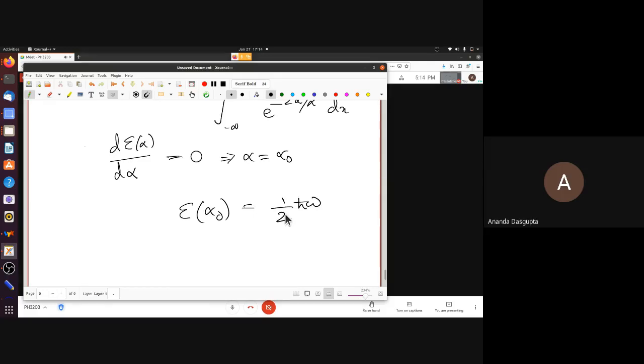Because if you remember, all we said so far was that the variational principle guarantees that you are going to get something which is bounded below by the ground state energy. So you should get half h cross omega or more. Apparently, you are claiming that we are going to get half h cross omega exactly.